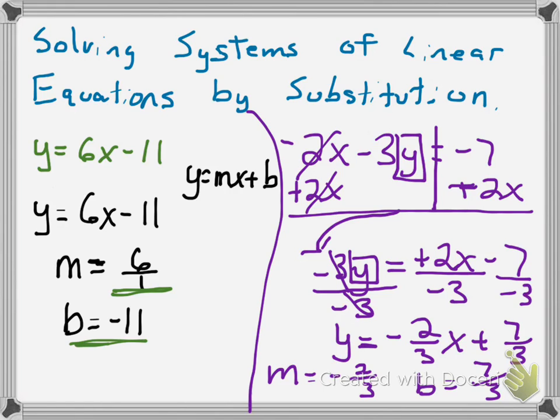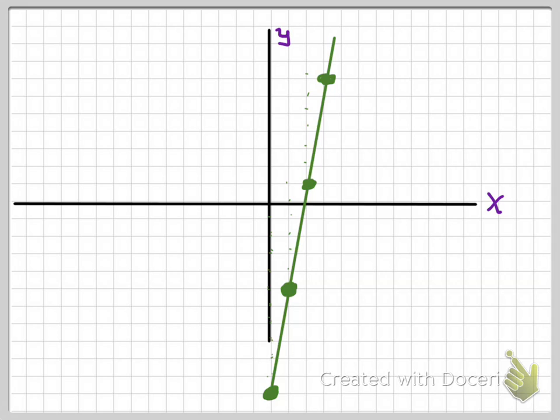So when I graph that y-intercept, 7 over 3, and I divide it, I got 2 1/3. I want to plot something somewhere around in there. It doesn't have to be perfect.